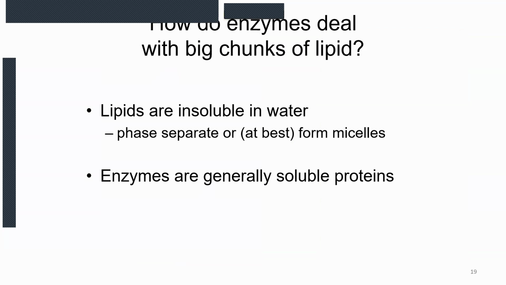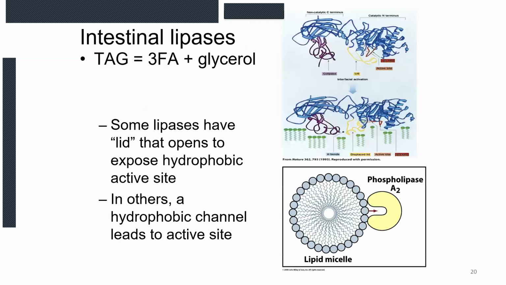Now, enzymes, by comparison, are going to be soluble in water. Enzymes have all their nonpolar insoluble stuff in the middle, but their periphery, their surface exposed amino acids, are polar.